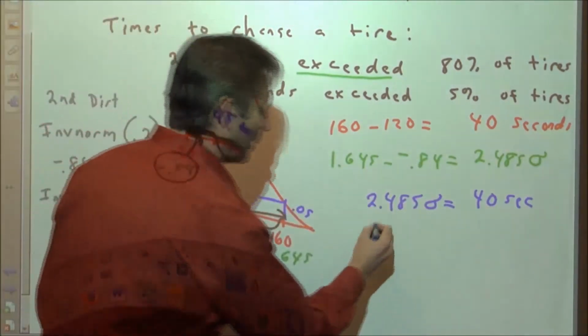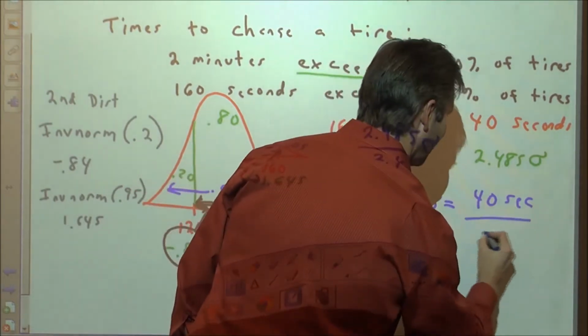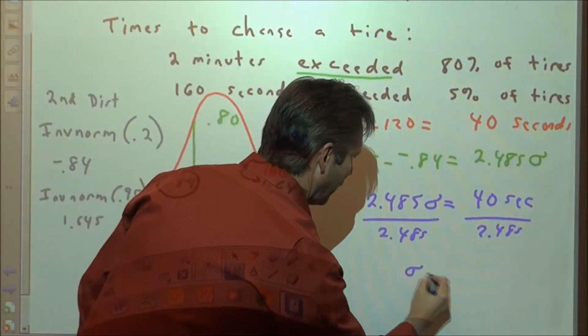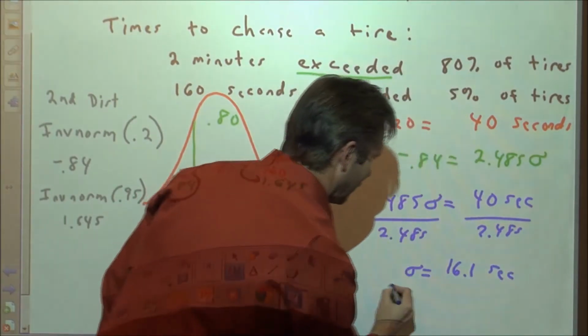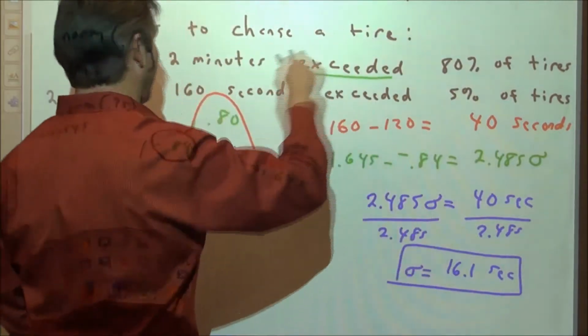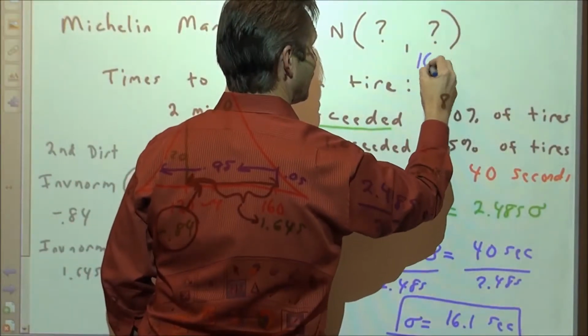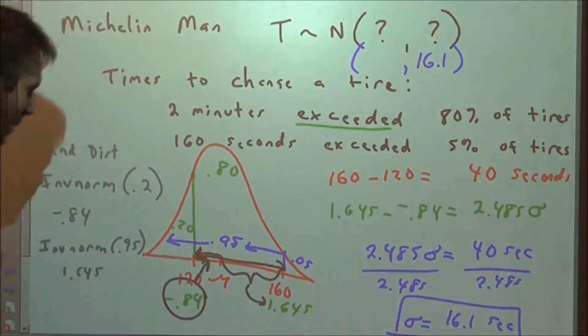So we just solve for sigma. We divide both sides by 2.485, and the answer that we get is going to be that the standard deviation is about 16.1 seconds. So we know the first part of the answer to our question. This is 16.1 seconds. All we need to know now is the mean.